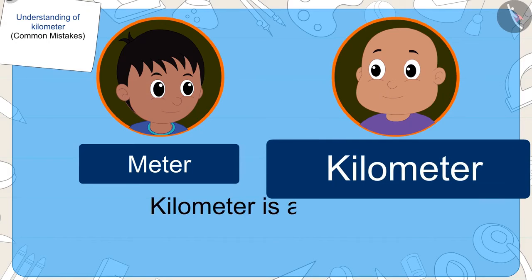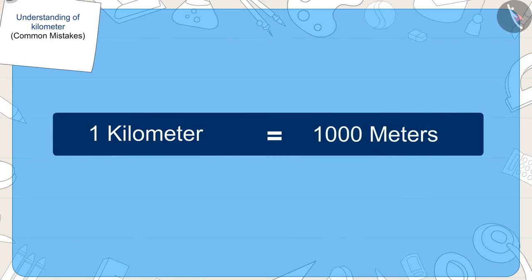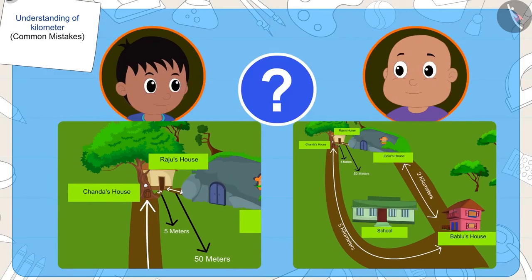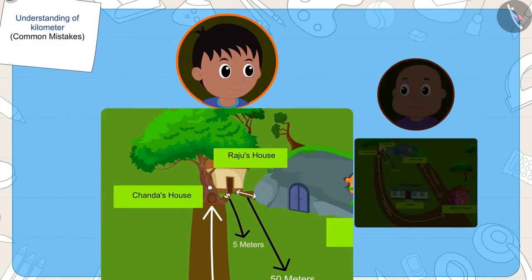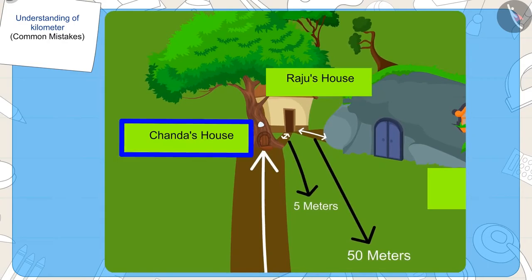Yes, kilometer is a larger unit than meter, because 1 kilometer is equal to 1000 meters. So, whose point is correct? Right! Raju's argument is right. His house is closer to Chanda's house.